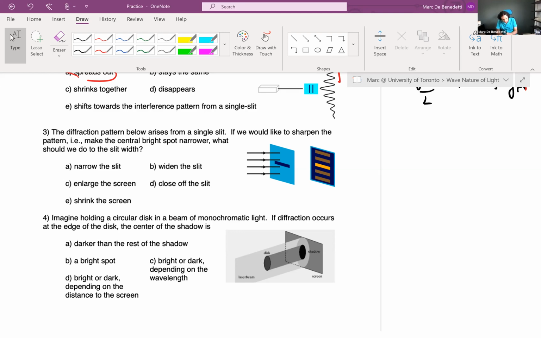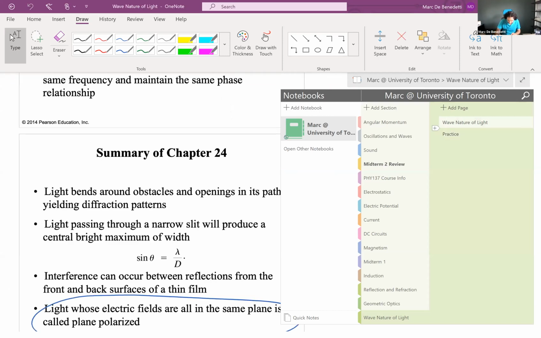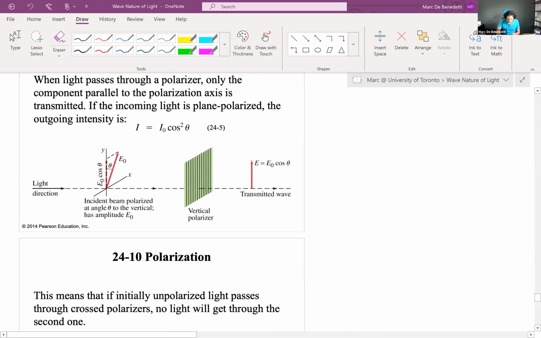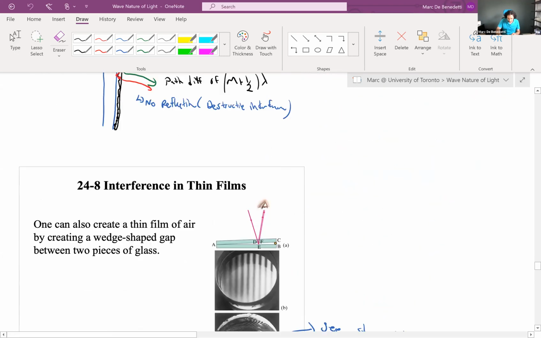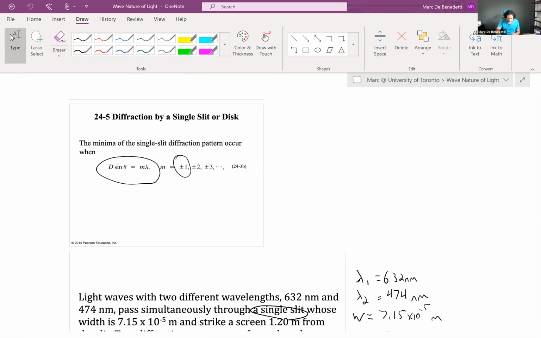So let's pull out the equations here. Let me just flip back to here. Oh, come on. If we remind ourselves, oh, there it is right there.